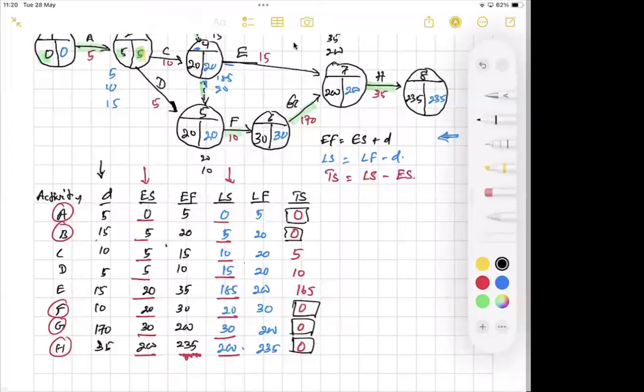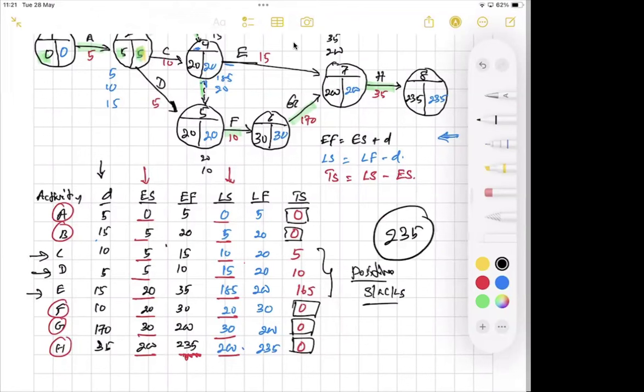The non-critical activities are having some positive slacks, right? What is the meaning of these total slacks? We can delay activities C by 5 days, D by 10 days, E by 165 days without affecting the expected time duration of the project, 235.